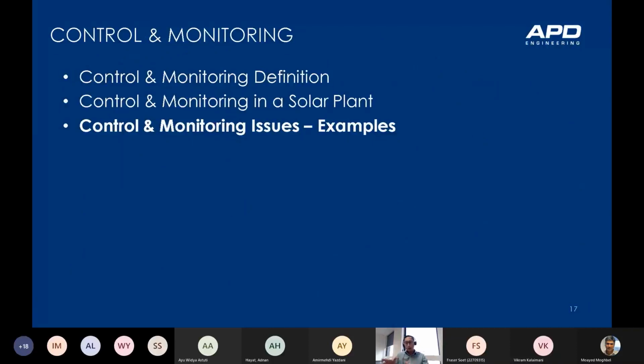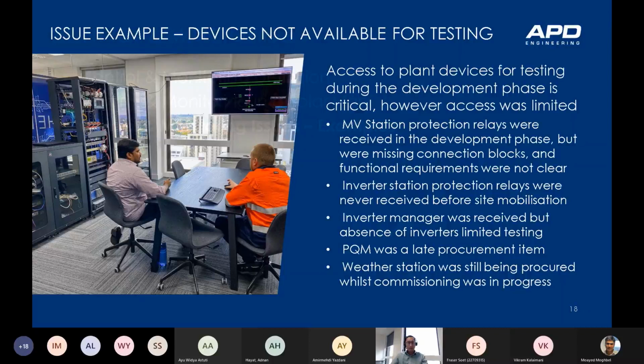So I'm going to go through a few examples of the issues that occur when we're trying to implement this monitoring and control. A lot of the time it's because we haven't been able to get access to devices for communications testing. On the left is a picture of a config testing lab here in Perth.